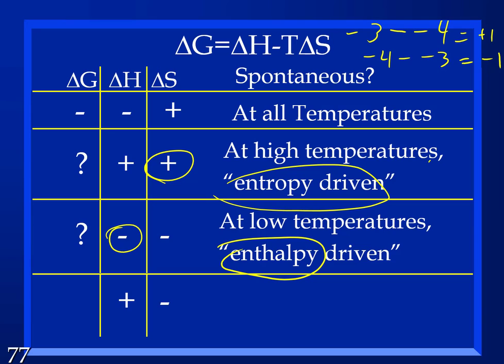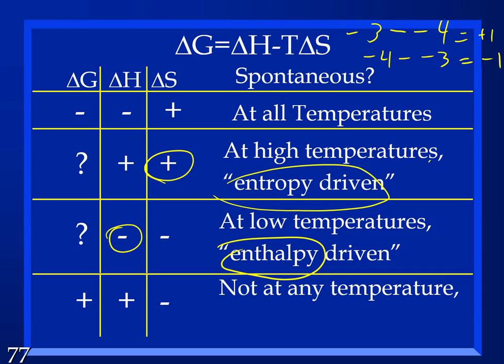Then you have the last case, a positive delta H and a negative delta S. So I'd have a positive minus a negative. Positive minus a negative is always going to be positive. So that means this won't happen at any temperature.